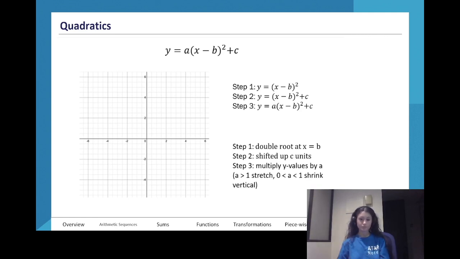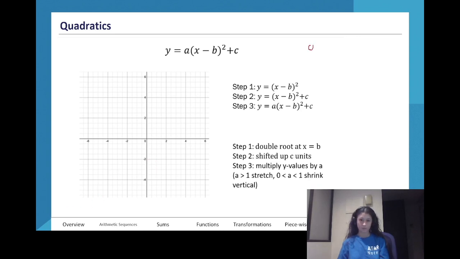So, having a look at this curve, going through the steps. If we first consider the most baseline part of it, which is y equals (x - b)^2, this is going to give us one x-intercept, one solution at x equals b, right?